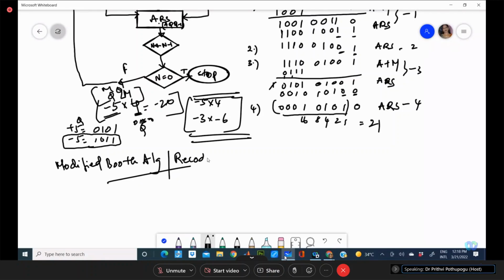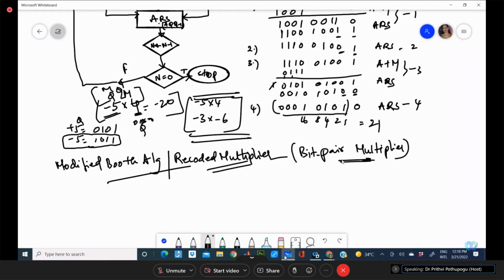A recoded multiplier. This I'll take tomorrow. Or what you say, bit pair multiplier. Many names are there based on the author or textbook you are following. They give this with different titles, but the procedure is the same. Bit pair multiplier, recoded multiplier, or modified Booth's algorithm means the same.